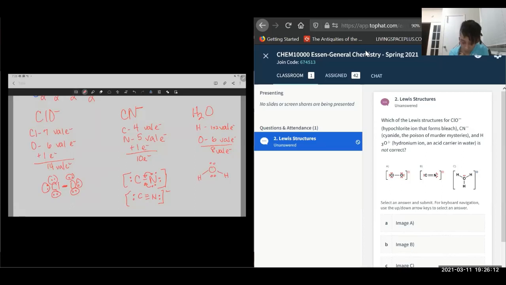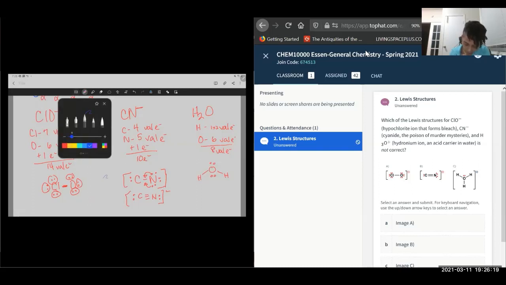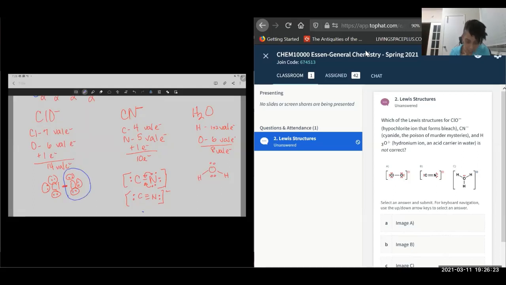We could leave that just like it is because everyone has an octet. How do we know that everyone has an octet? Because this is a shared pair of electrons. The oxygen has its octet, the chlorine has its octet, and remember we have to have our minus sign.